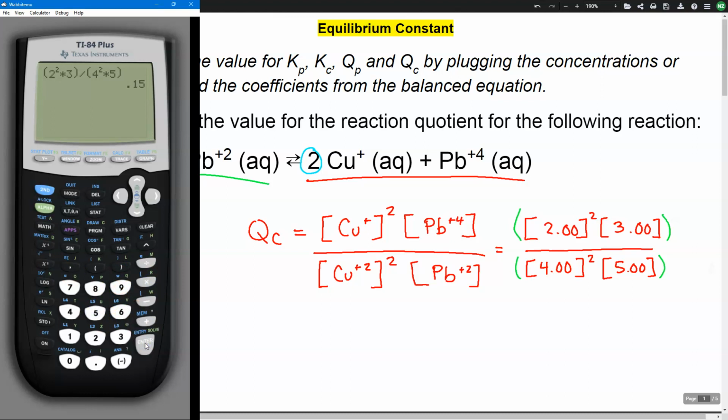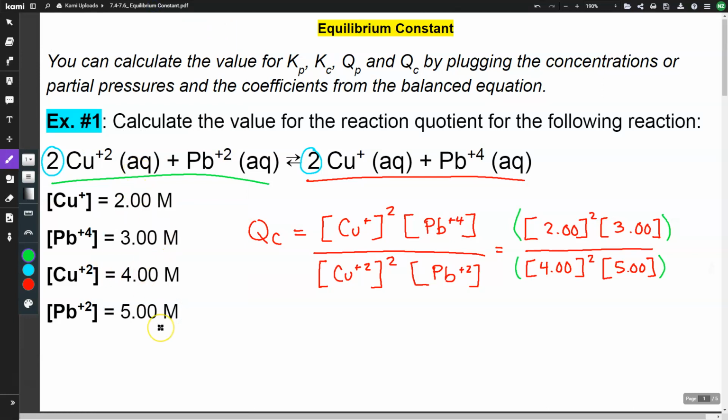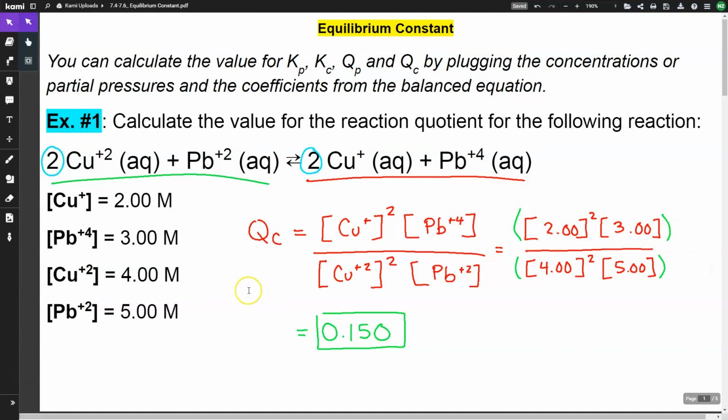And our answer is 0.15. All of my concentrations had 3 sig figs, so I'm going to write my answer as 0.150. Now, we do not have units for our quotients. So we're just going to write it just like that.